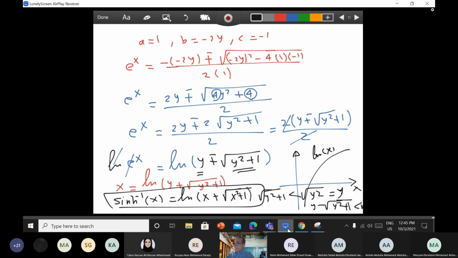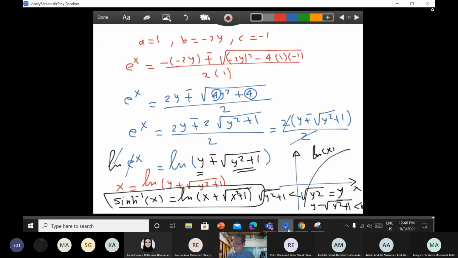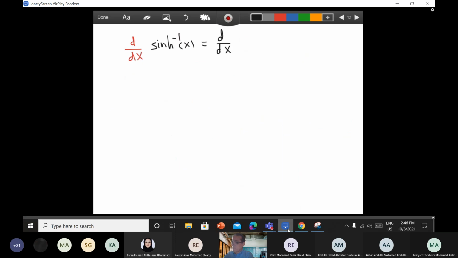Now I know how to differentiate this one, d by dx for sinh inverse x will equal d by dx for this expression I got, ln x plus root square of x squared plus 1.